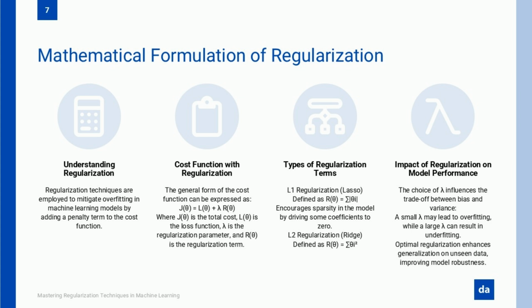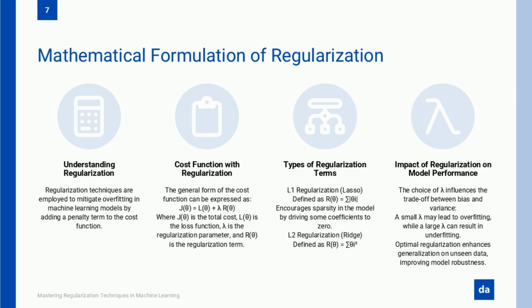When we use L1 regularization, we modify our cost function by adding a penalty on the absolute values of the coefficients. J of theta equals the sum of squared differences between the actual values and the predicted values plus lambda times the sum of the absolute values of the coefficients. That second part, the L1 penalty, is what forces the model to shrink some coefficients to zero.